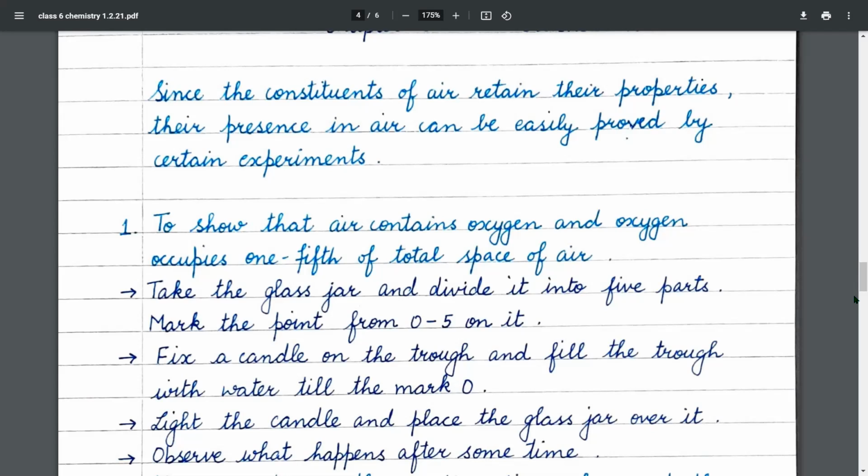For that, take the glass jar and divide it into 5 parts. Mark the points from 0 to 5 on it. Fix a candle on the trough and fill the trough with water till the mark 0. Light the candle and place the glass jar over it. Observe what happens after some time.